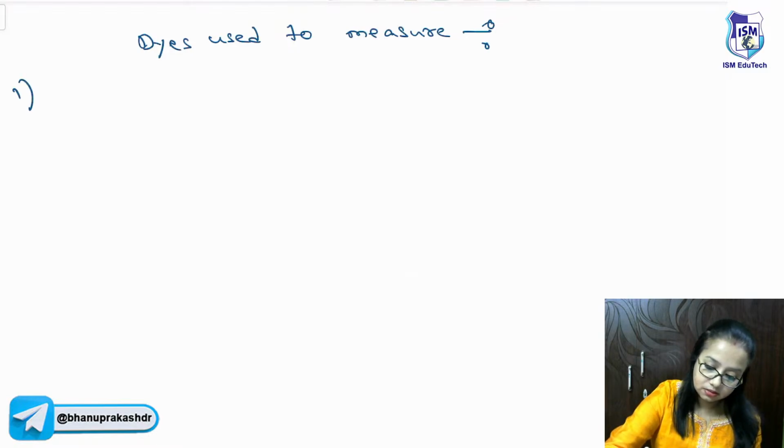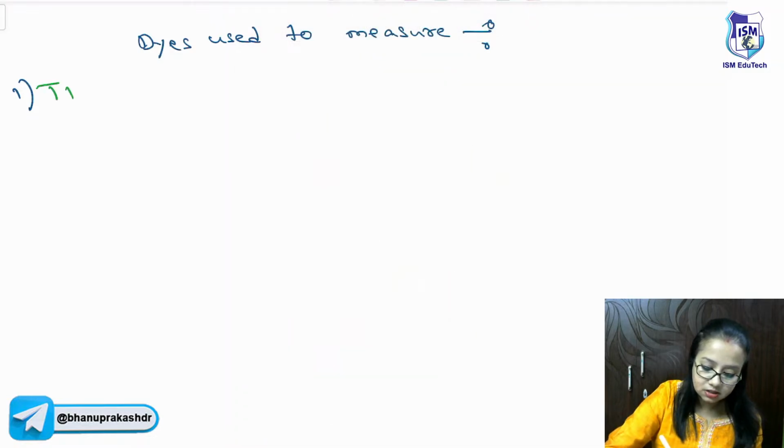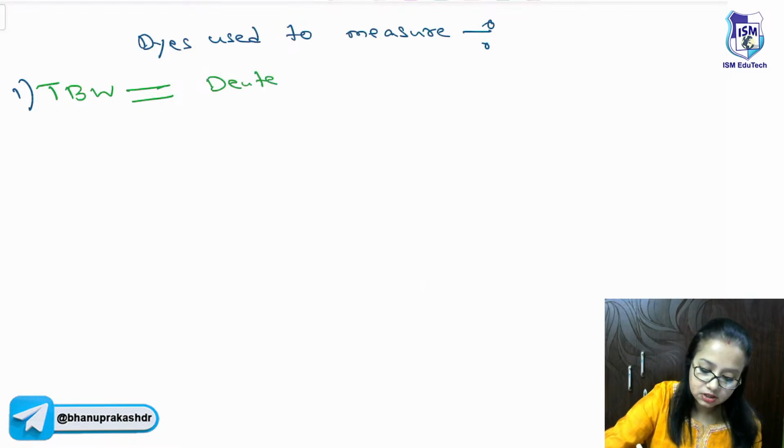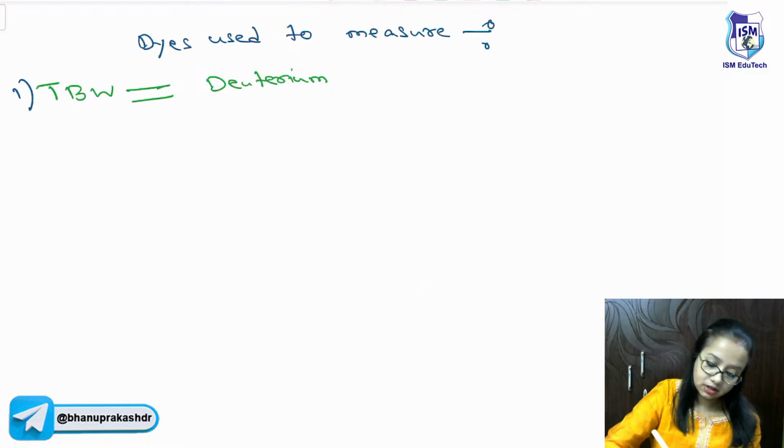Number one, to measure the total body water, we use deuterium. This is the one which is standardized and it is used to measure the total body water.